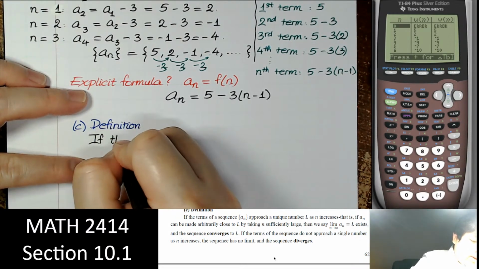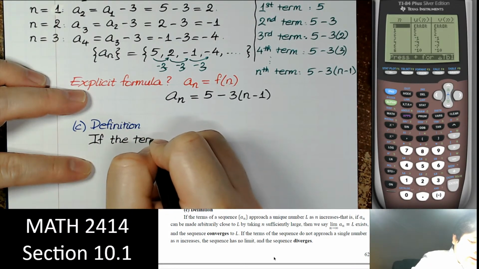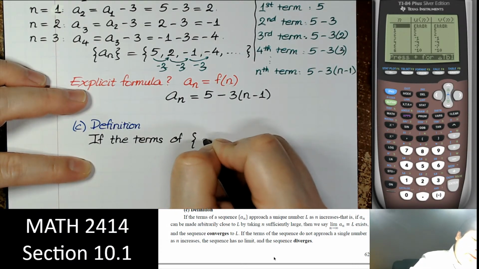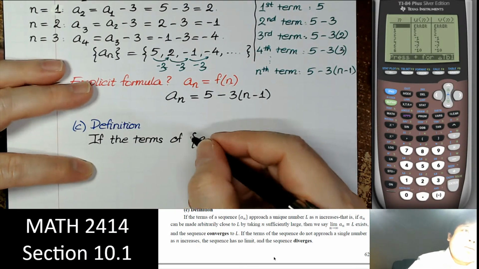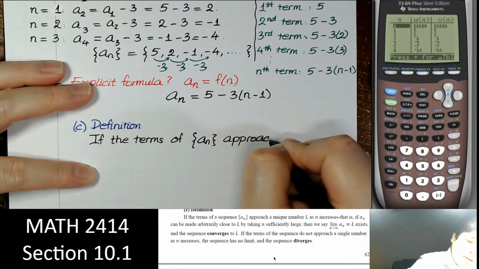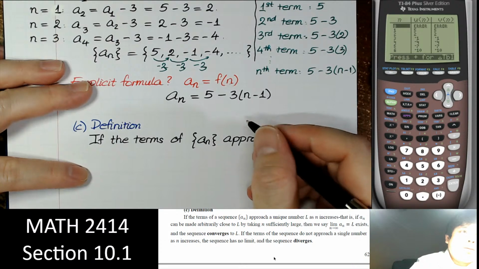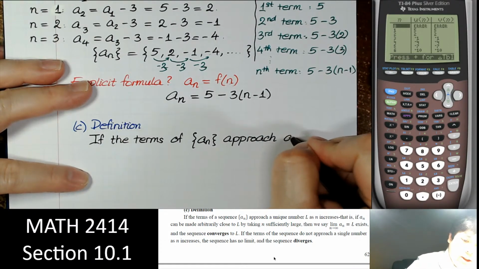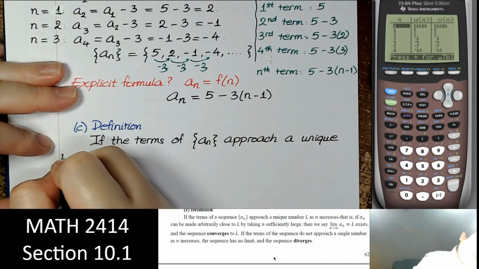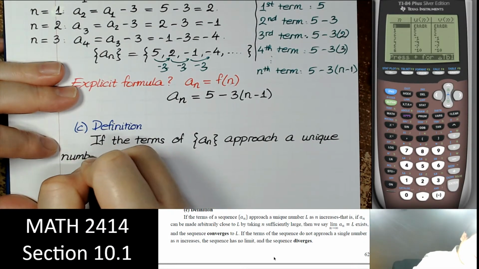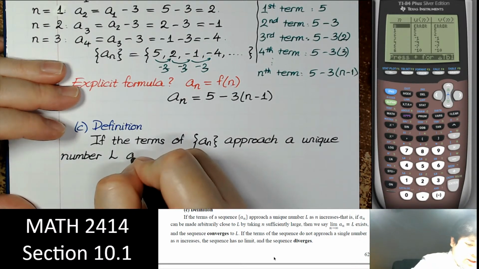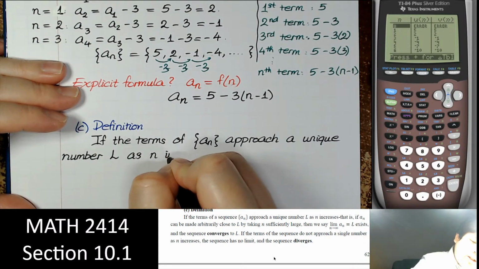If the terms of the sequence h of n approach a unique number L as n increases.